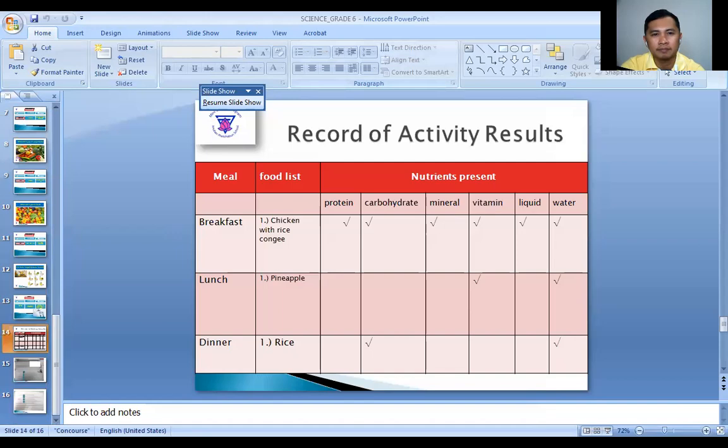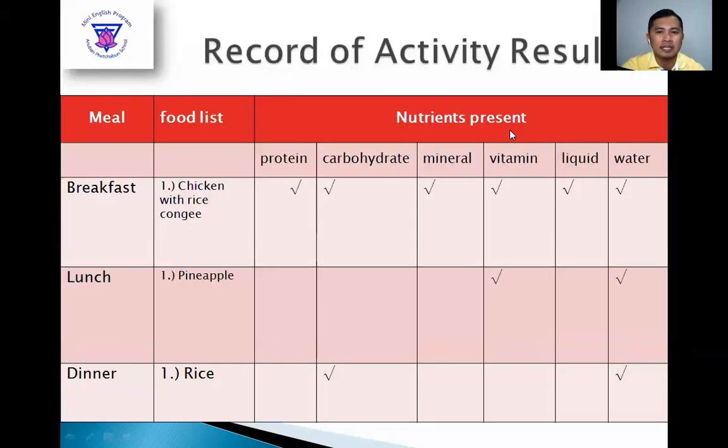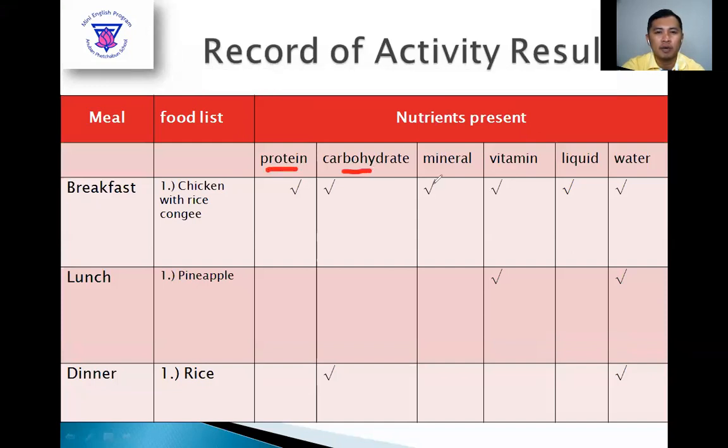Let's go back. Okay, so here, record of activity results. We have the meal, food list, and nutrients present. In nutrients present, we have protein, carbohydrate, mineral, vitamin, lipid, and water. And of course, for the meal, we have breakfast, lunch, and dinner.